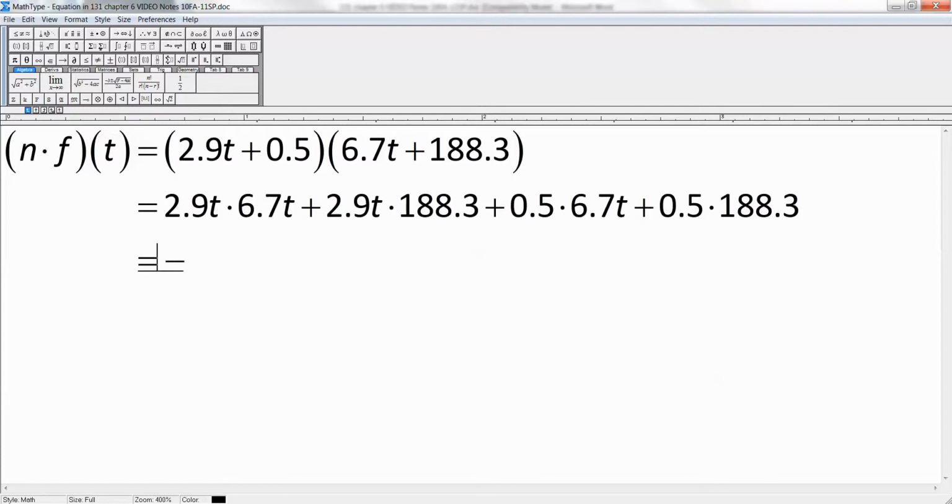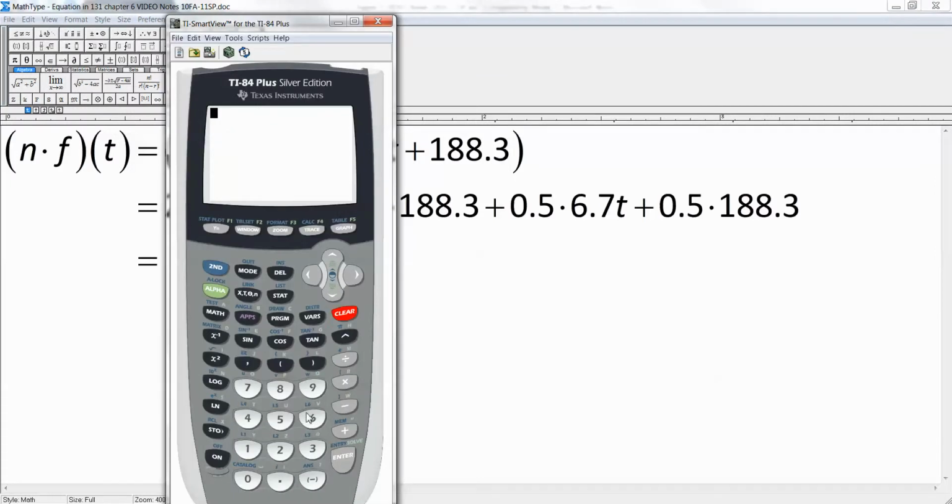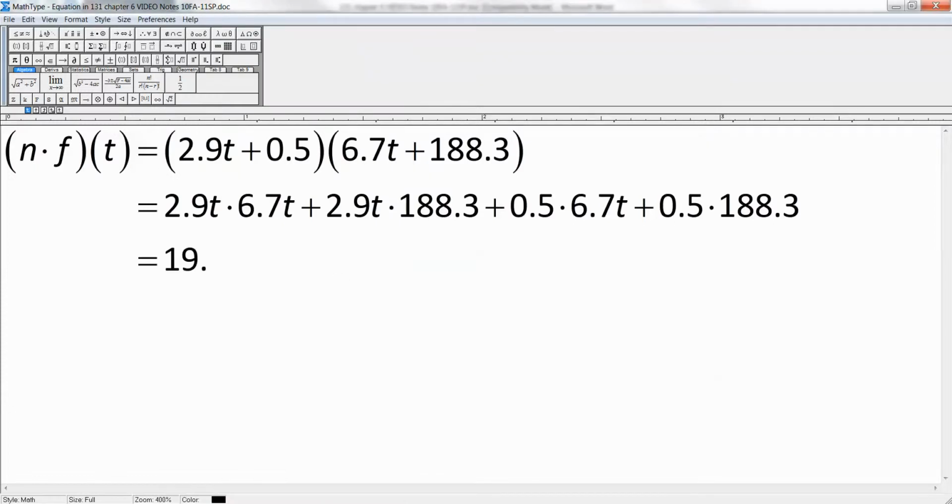All right, now you make your calculator find what 2.9 times 6.7 is. All right, so I'm going to grab my calculator. 2.9 times 6.7 makes 19.43 t squared, because you have a t times another t, that makes t squared.